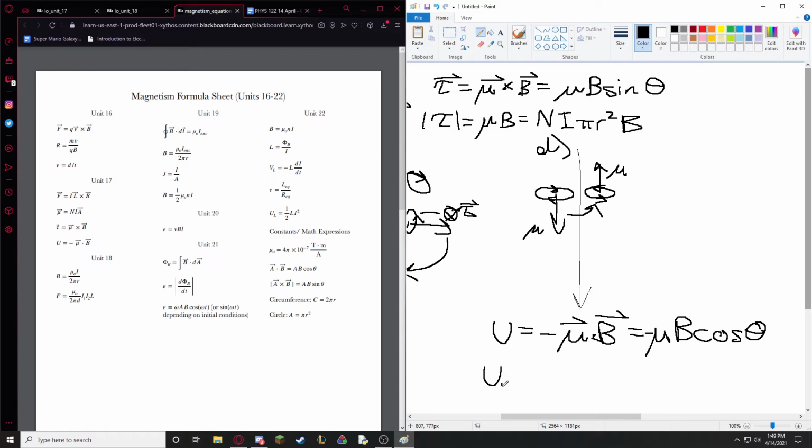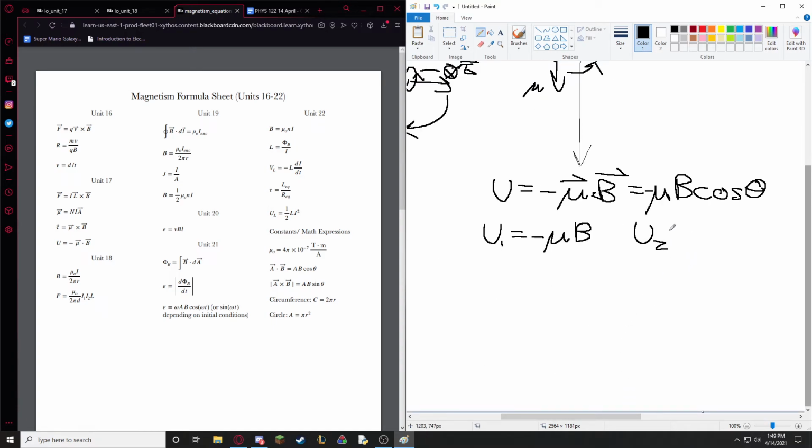So we'll call it U1 is equal to negative mu b. And then your U2 would just be negative mu times b times negative 1 because it's 180 degrees. Exactly. Cosine of 180 is negative 1. Cancels out with our negative, so we get a positive mu b.